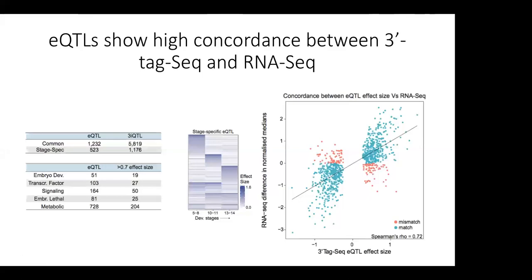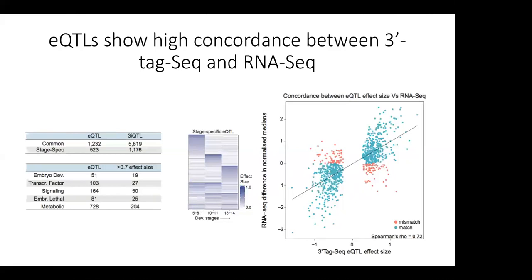Now, one main question we asked is how reproducible or how useful is the 3' Tag-Seq in comparison to RNA-Seq? Because you can imagine, you know better than me, that mappability for short reads is a big problem for eQTL studies.